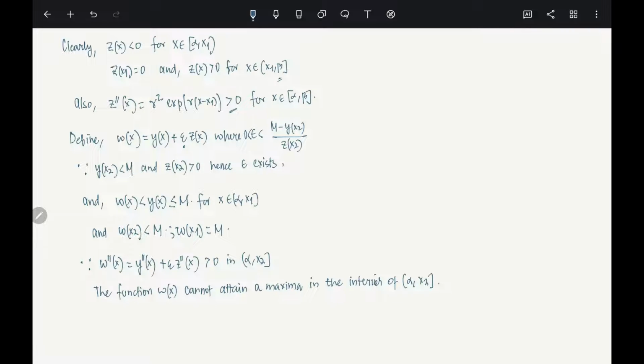Is it okay? This we are getting from the first part. Right. Now let's look at it. See, the thing is, between alpha x2 we have it.